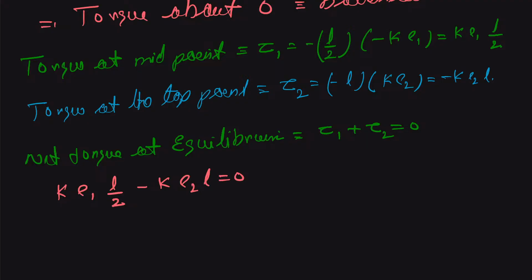So obviously length cannot be equal to 0, and the spring constant is given, so we cancel those out, and from here we can say that E1 is equal to twice E2. Okay. So it means the elongation on one side will be twice that of the other side.